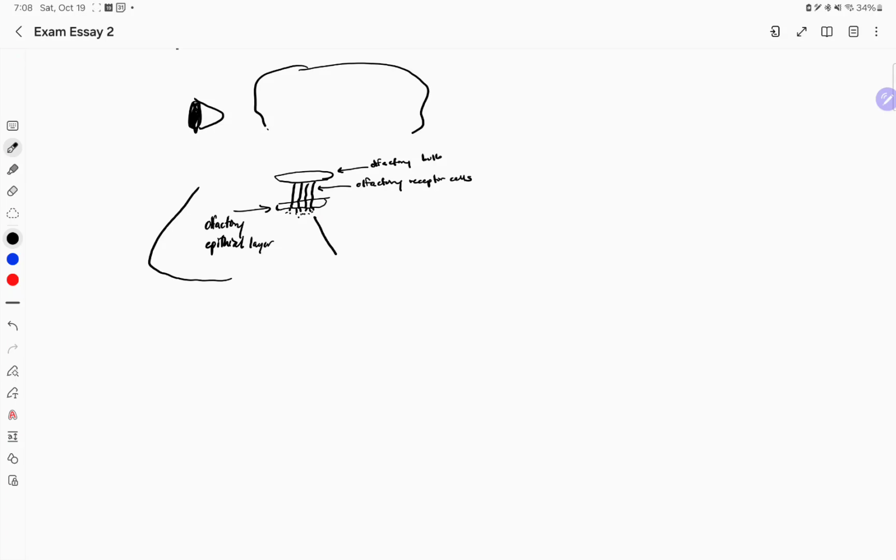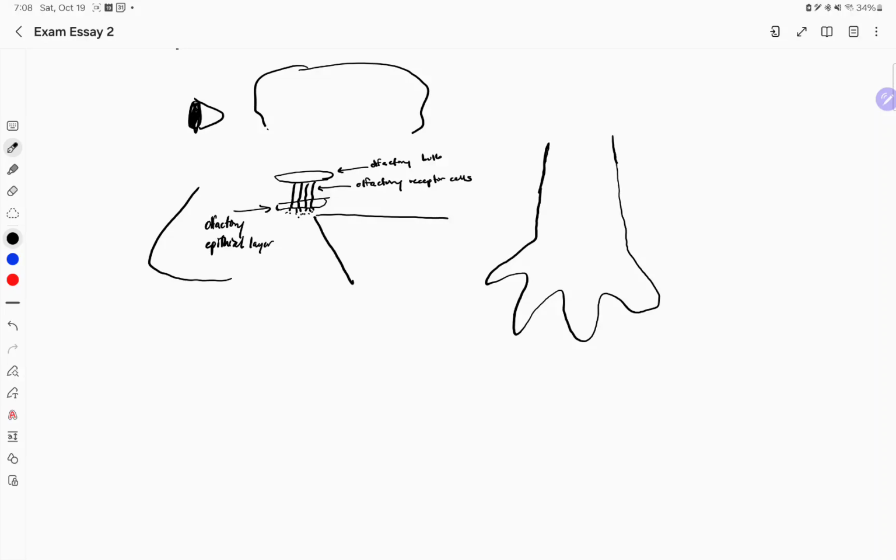So we're going to look specifically here. I'm going to kind of blow this up here, and we'll have a dendrite here, coming up to our axon.